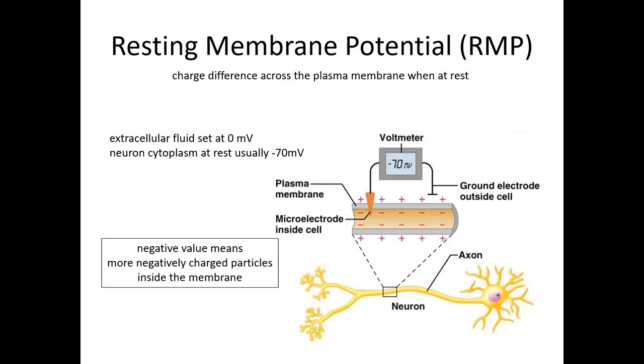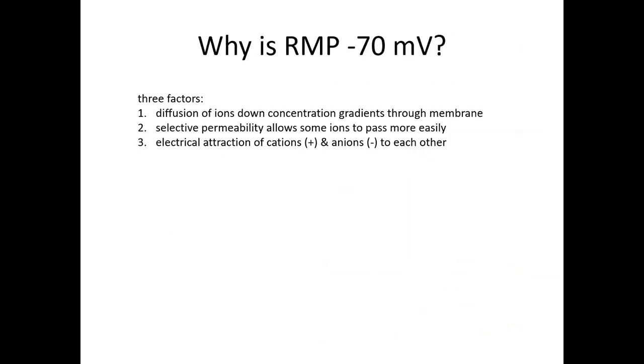Since it is negative, it means there are more negatively charged particles inside the membrane than outside the membrane. Yes, we've got chloride on both sides, but we have a lot more anions inside than we do outside. So why is it -70? There are 3 factors: ion diffusion down concentration gradients, some selective permeability, and some attraction.